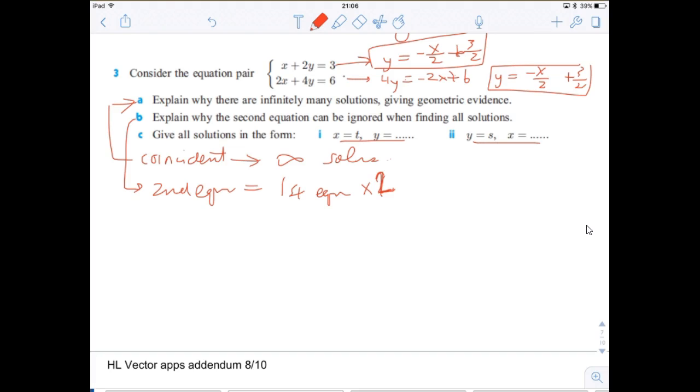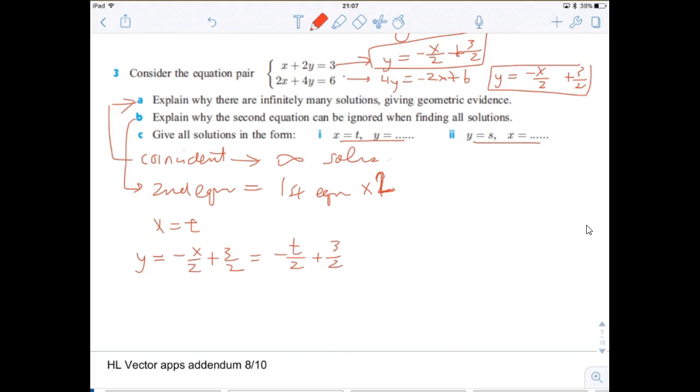So in this case, if x equals t, then we could figure out the y value, because y equals negative x divided by 2 plus 3 halves, right? So let me just put x equals t in here, then I would get negative t over 2 plus 3 halves.